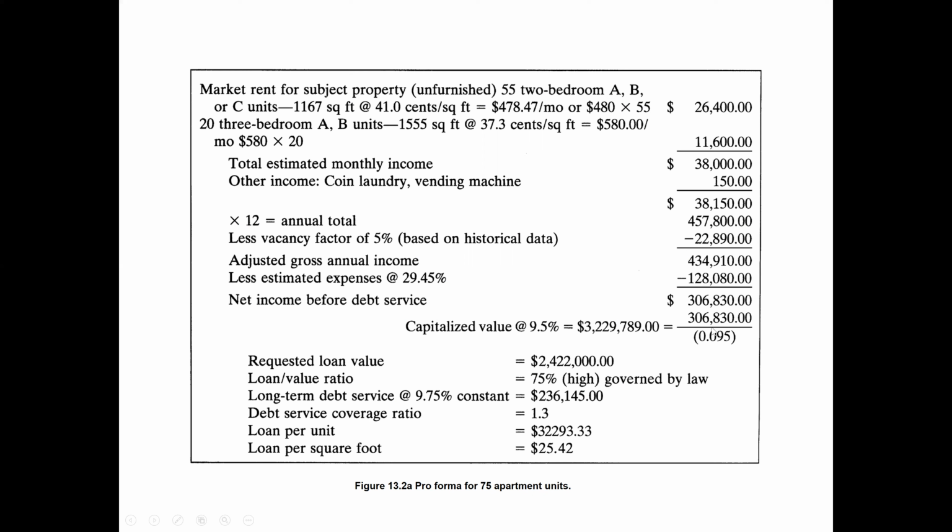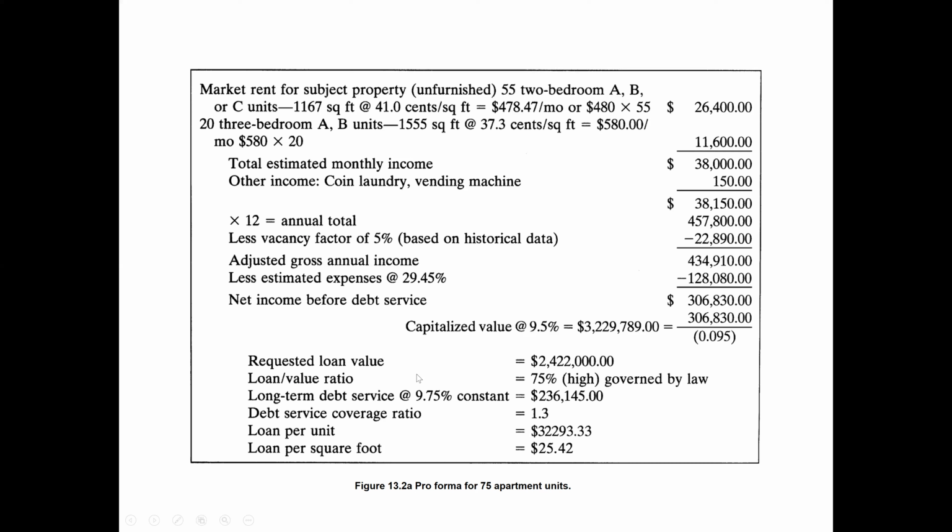Now, there is a capitalization rate. If we use an interest rate of 9.5% and divide by that, this gives us the expected economic value of this apartment, which will be 3,229,789.